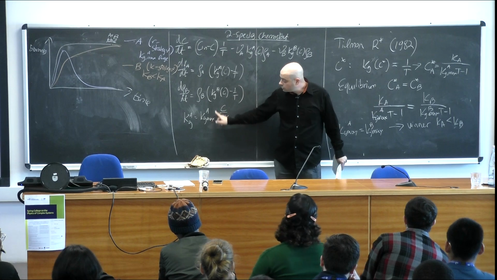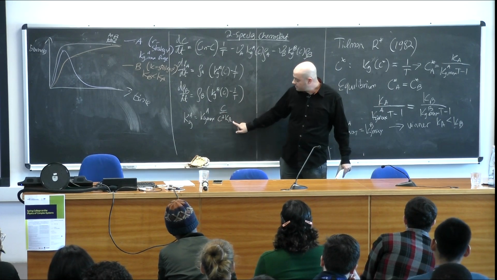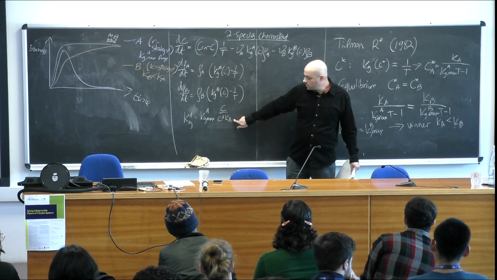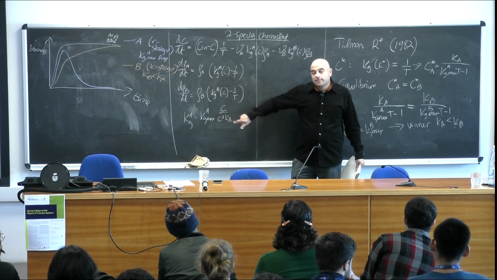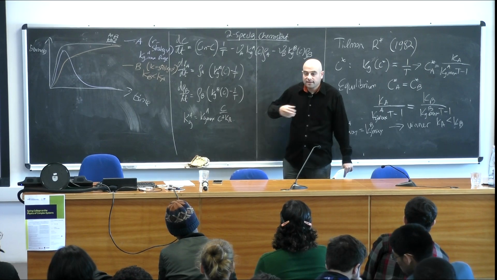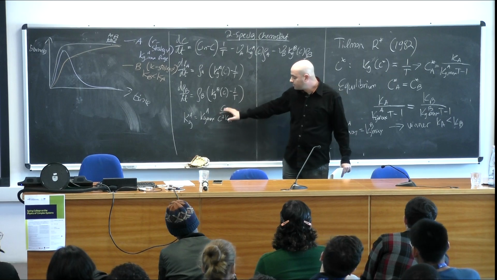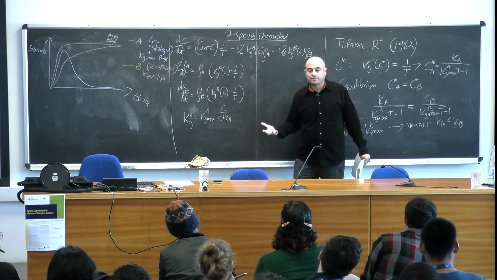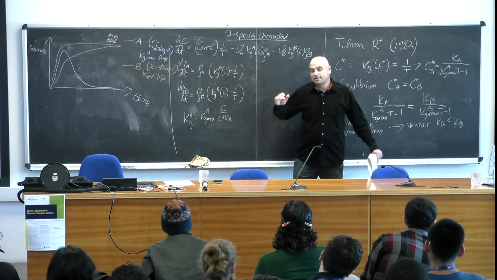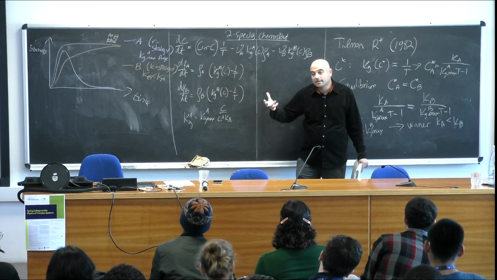So the nutrient concentration doesn't stand alone. It depends on how well I can uptake the nutrient. The smaller K is, the closer I can go to C equals 0 and still be able to maintain reasonable growth. So a large K means that I can only maintain reasonable growth at a large C.